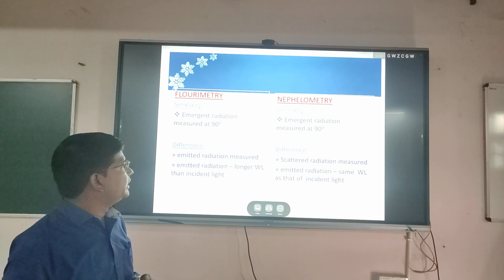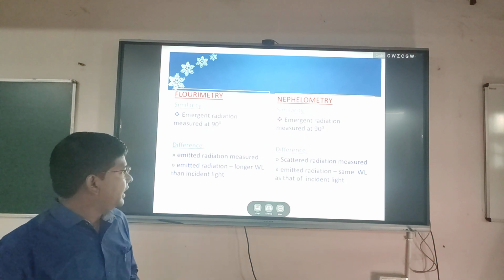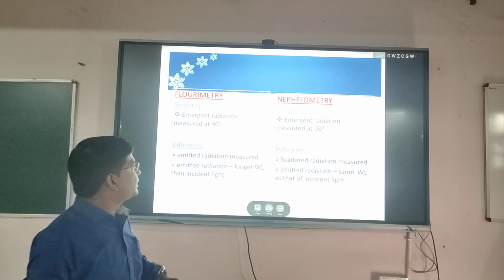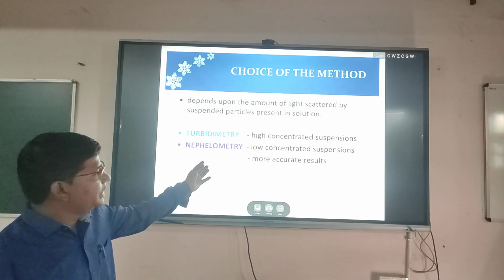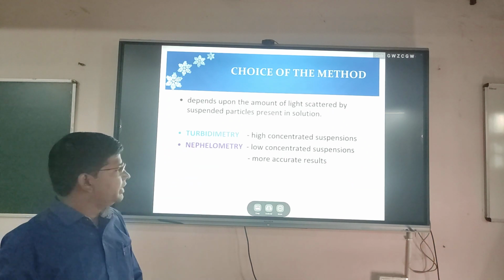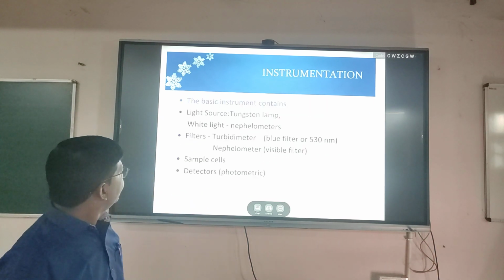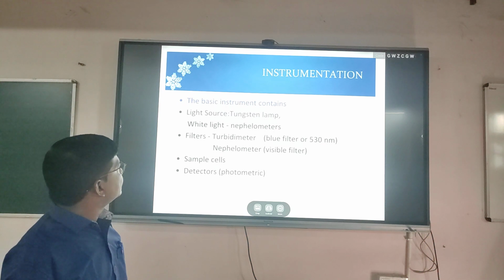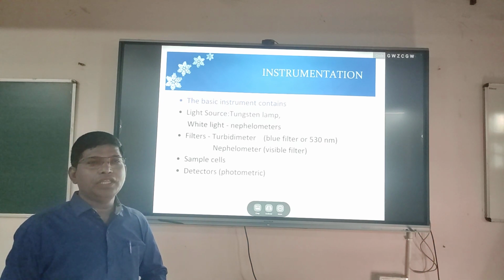But in nephelometry, the incident radiation and scattered radiation have the same wavelength. We have already seen that turbidimetry is for highly concentrated solutions and nephelometry is for low concentrated solutions. Now we will see the instrumentation of both techniques.